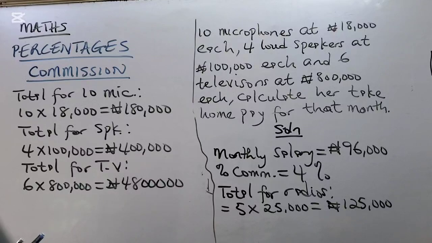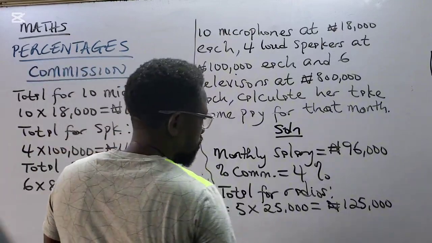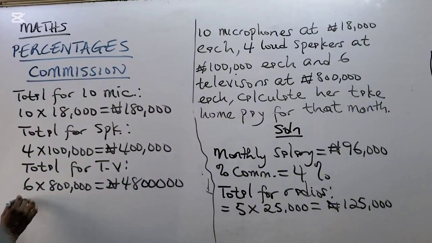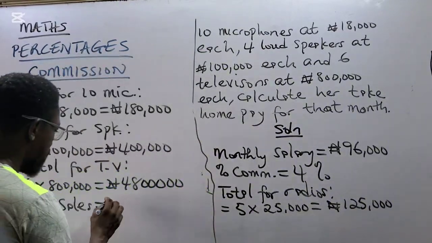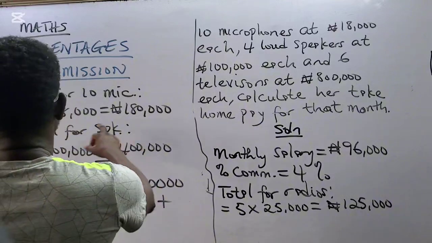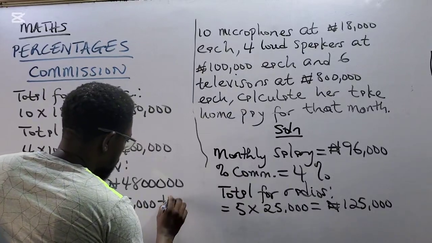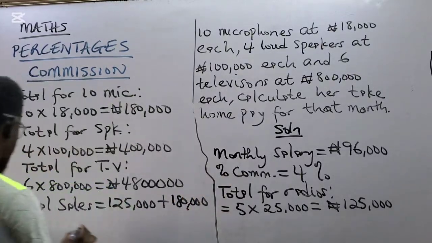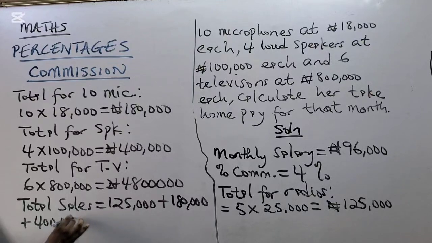The total sales will be 125,000 plus 180,000 naira plus 400,000 plus 4.8 million.